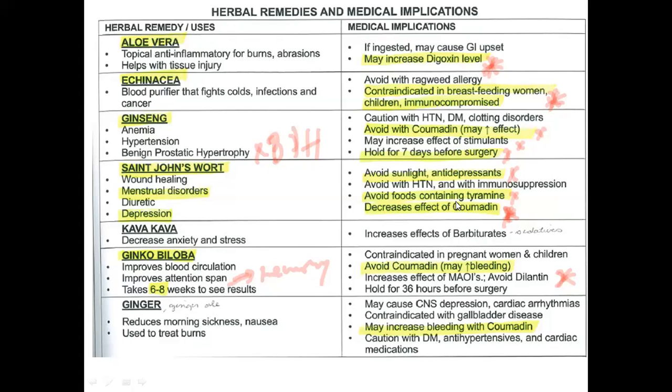They decrease the effect of coumadin, right? So another point we have to know for the board exam, if the patient has to take the St. John's wort, better to avoid the food that contains the tyramine.